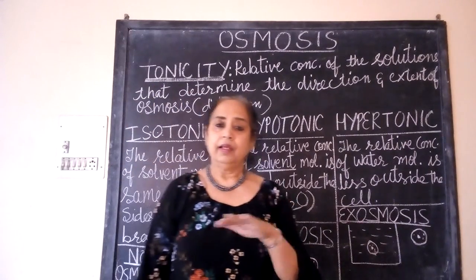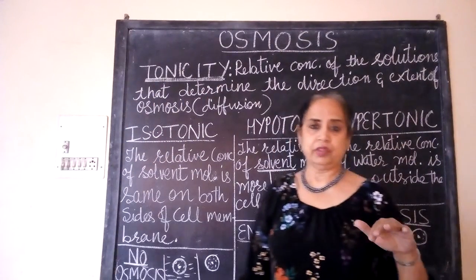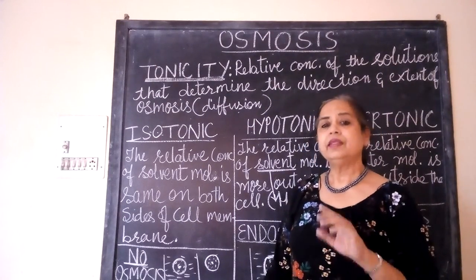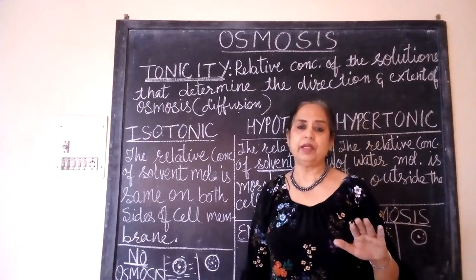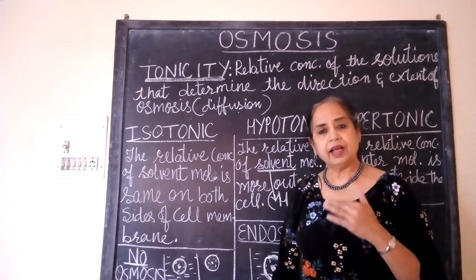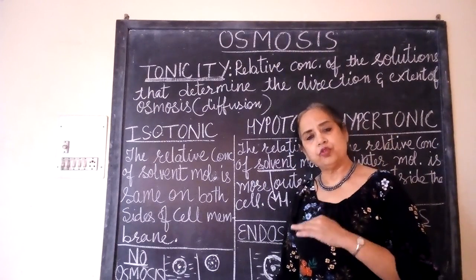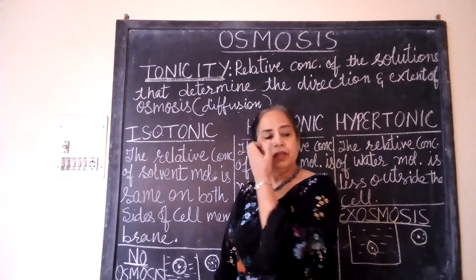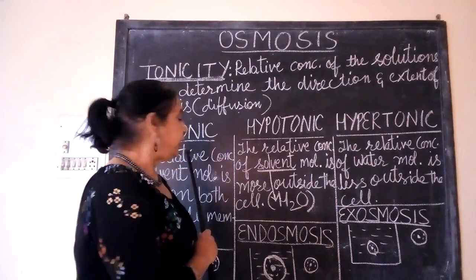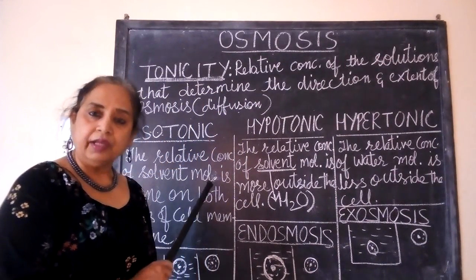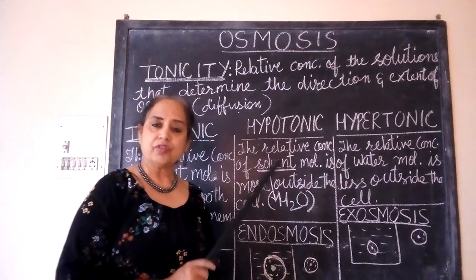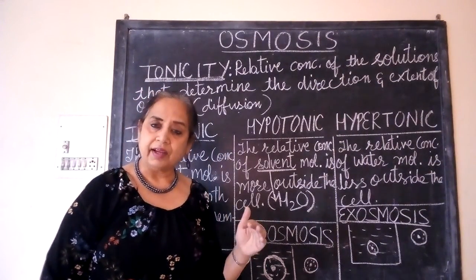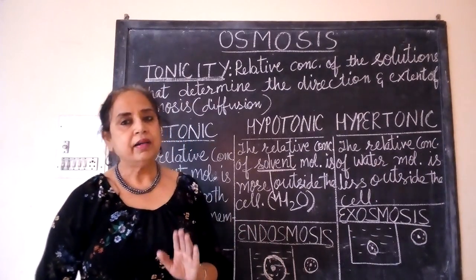When the concentration of water outside the cell and inside the cell is the same, then there is no net movement of water molecules from the cell to the outside medium and from the outside medium to the cell. So the size remains the same. Such a medium is called an isotonic medium or isotonic solution, and the relative concentration of both the solutions inside the cell and outside the cell is the same.